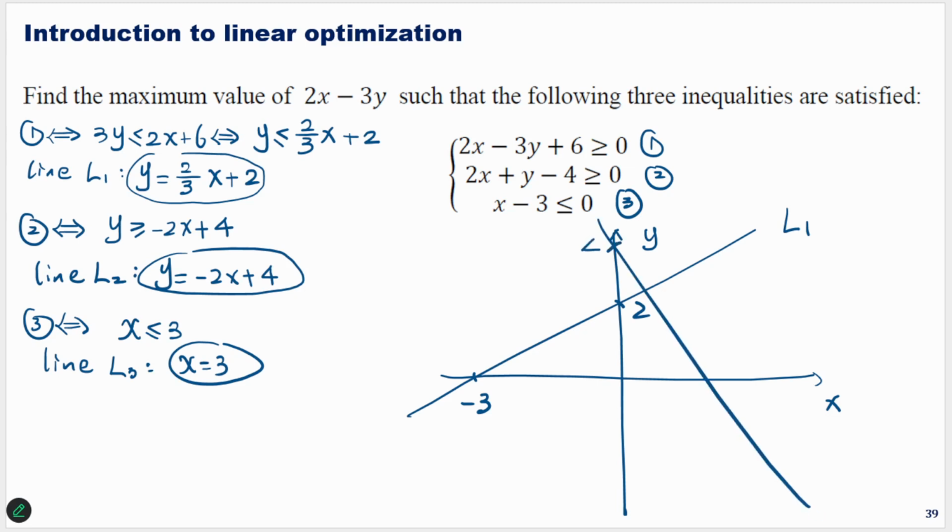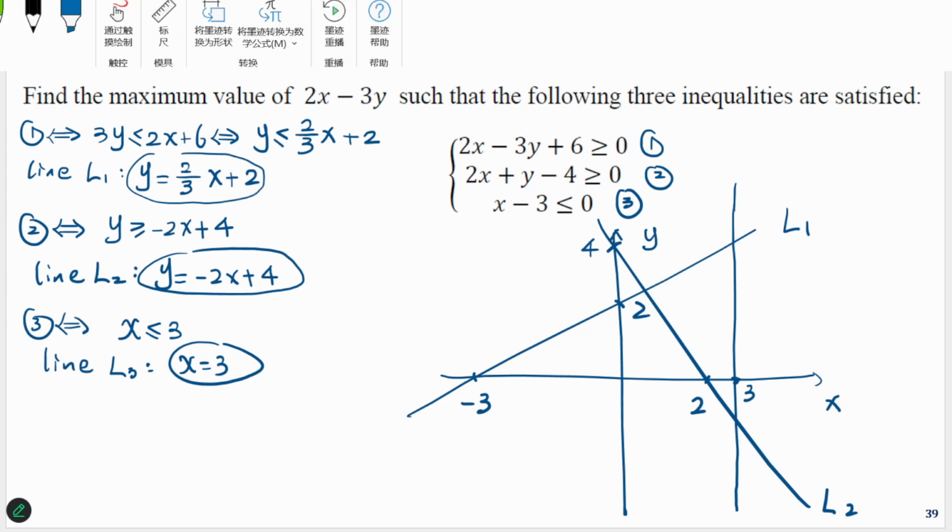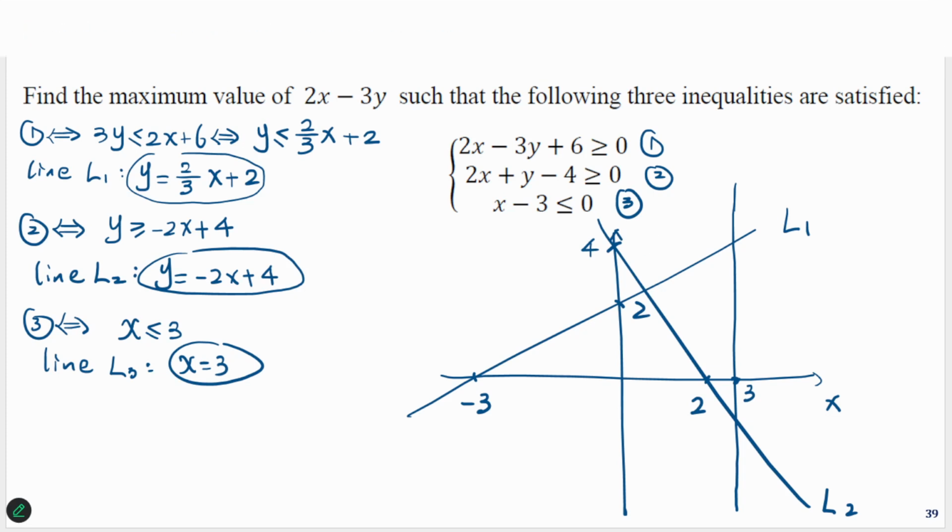This is point 4 and 2 here. This is our L2. L3 is simply a vertical line, like this. This one here is 3. Again, not necessarily to scale, but you need to keep all elements in their correct relative positions.